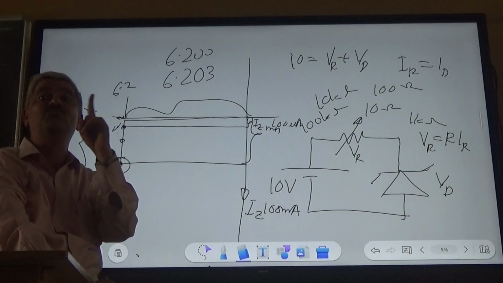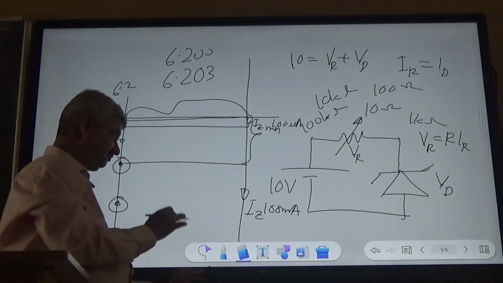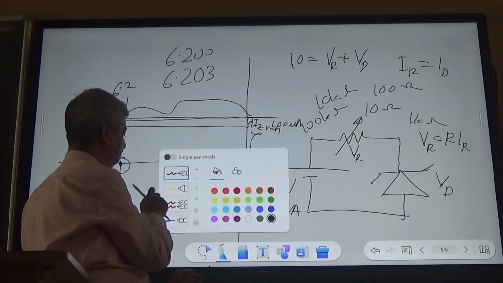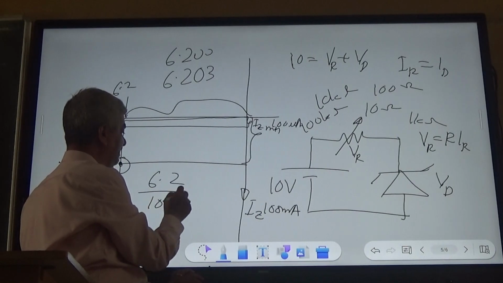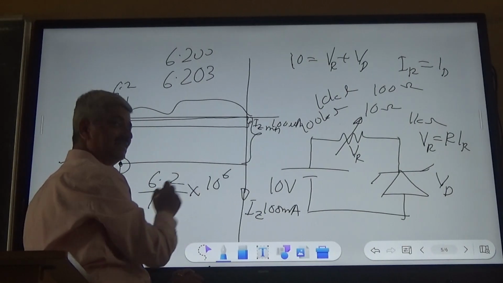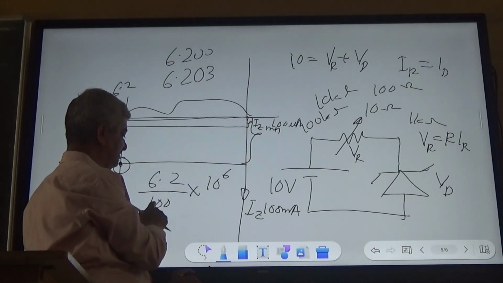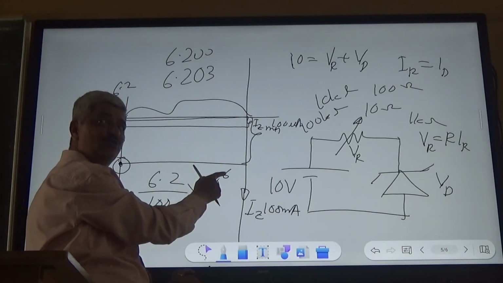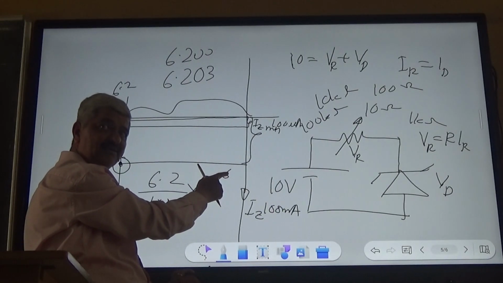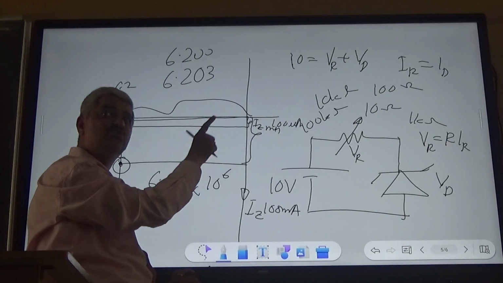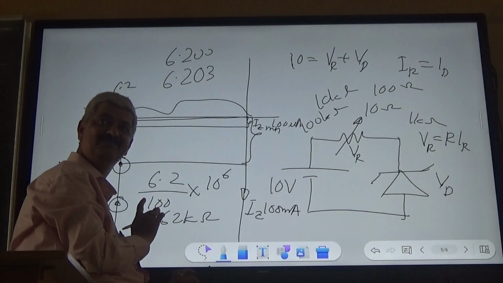So when the voltage was 6.2 volts for 100 microamperes, what is the resistance? 6.2 upon 100 into 10 raised to minus 6, micro, right? Which is 6.2 into 10 raised to 4, that is 62 into 10 raised to 3. It is 62 kilo ohm. Is it okay?